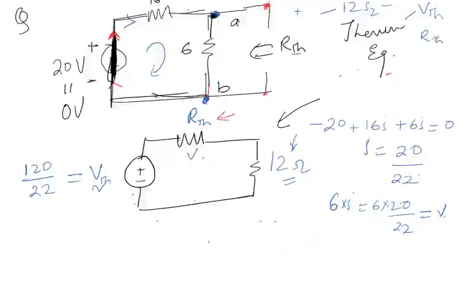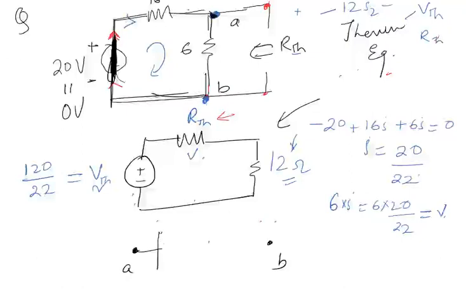Now what I do, I put a point A here, I put a point B here. At point A, there is a resistance of 16 ohm and it goes to B. There is also a resistance of 6 ohm and it goes to B, and I have to calculate RAB.